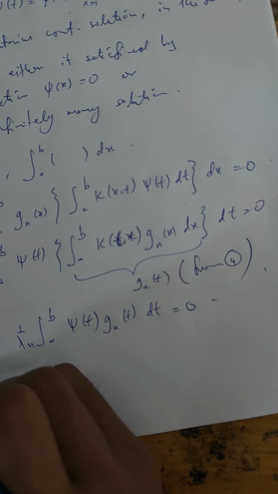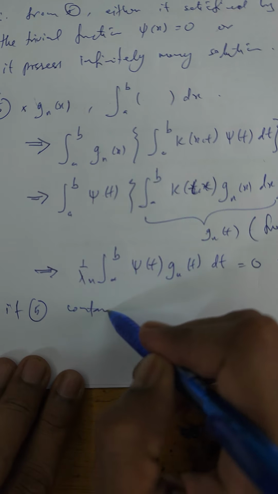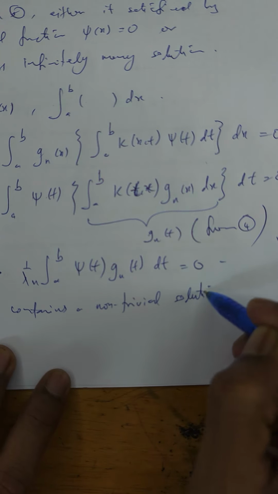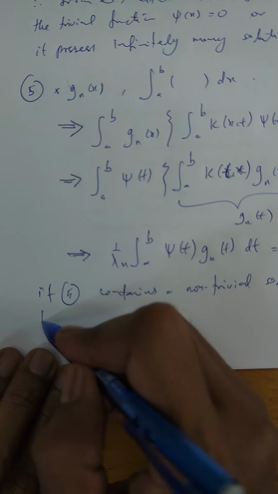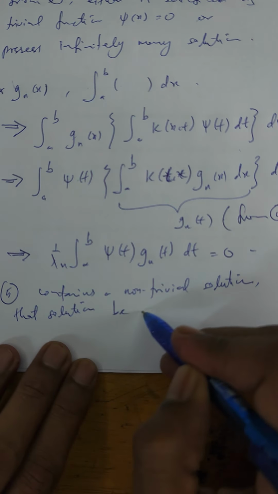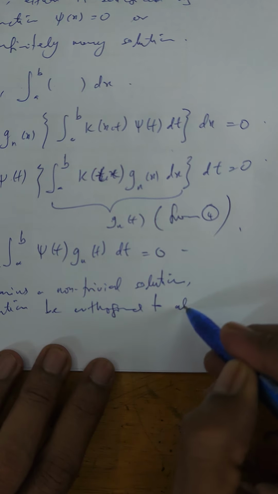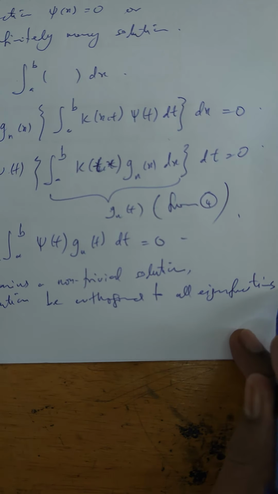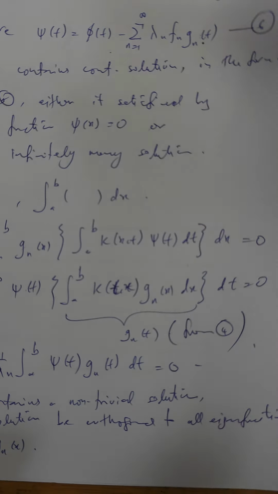So if 5 contains a non-trivial solution, then that solution must be orthogonal to all eigenfunctions g n x.